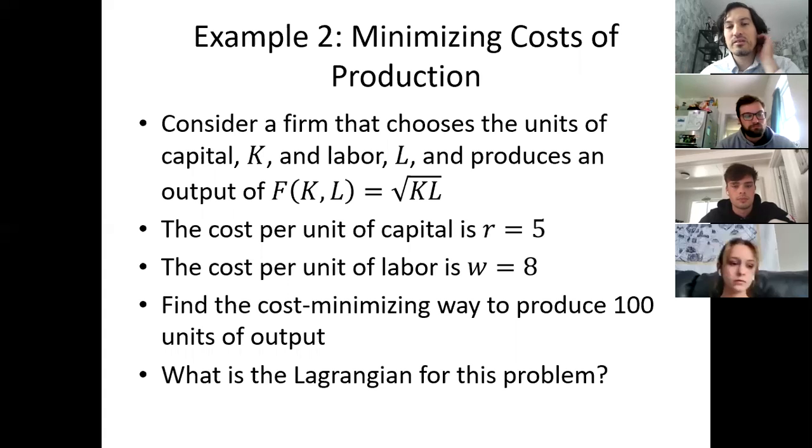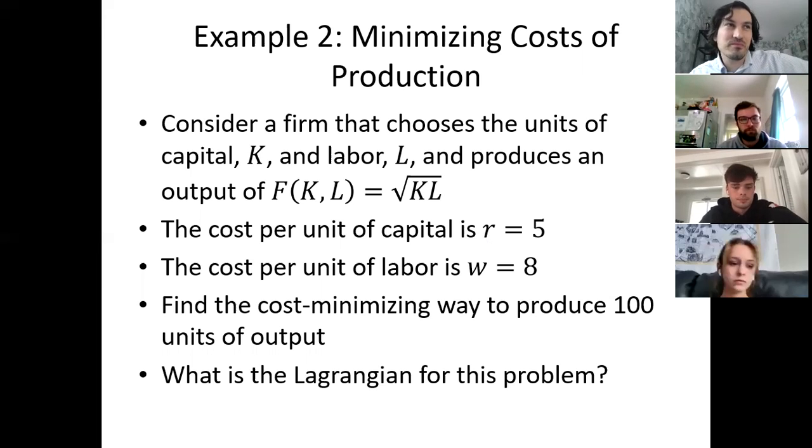The reason I do this is because it's standard in theory of production. First, example 1 was the theory of consumption. This is the theory of production. Why do firms do what they do? The answer is they minimize costs given their output, and also they maximize profit given their cost-minimizing way to produce it. So it's all part of the same thing, but I chose to define R and W exactly this way, so it's consistent in case you see it in the future.